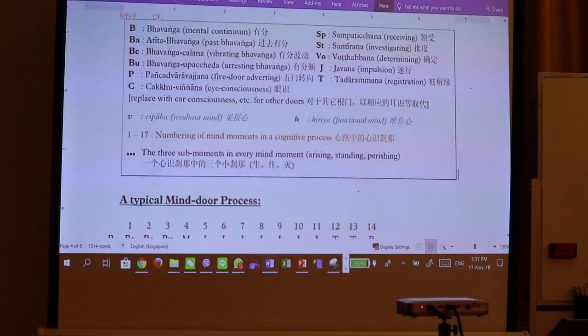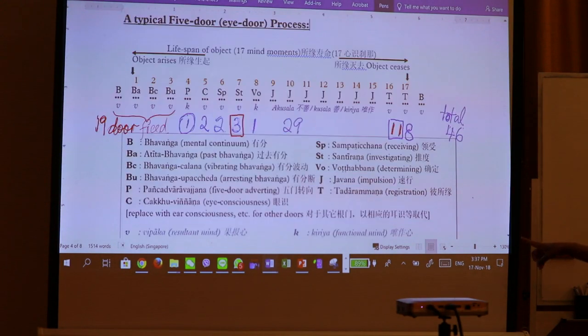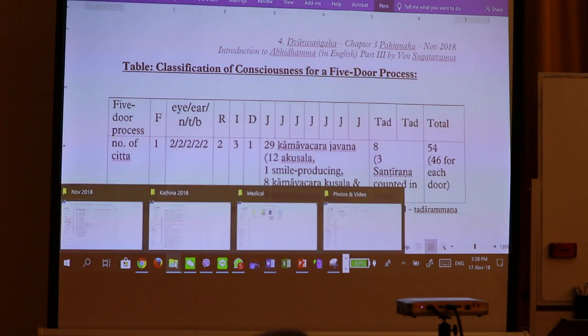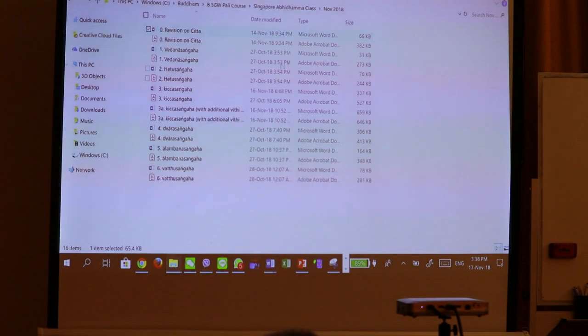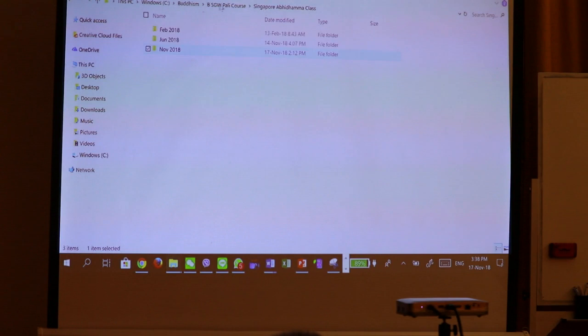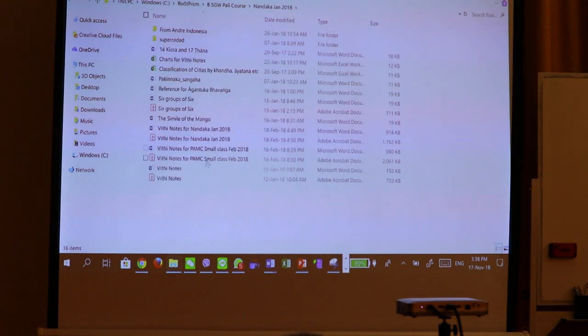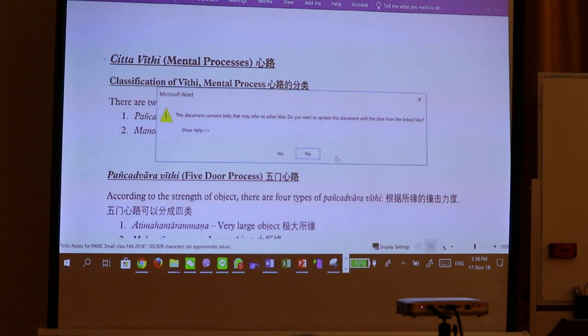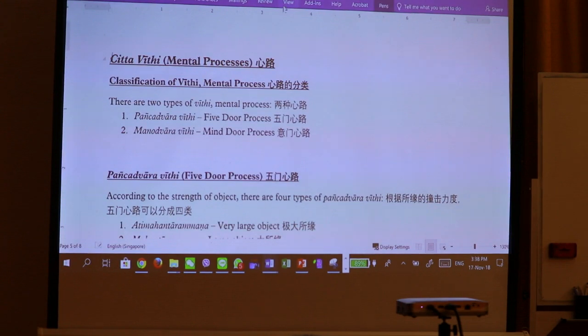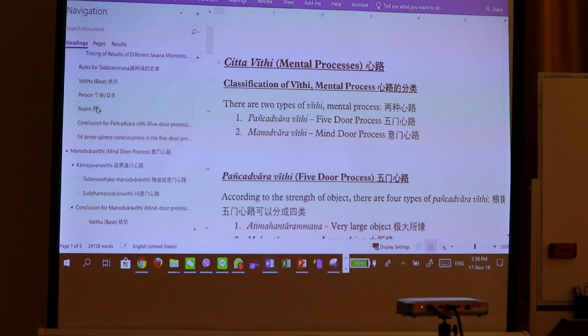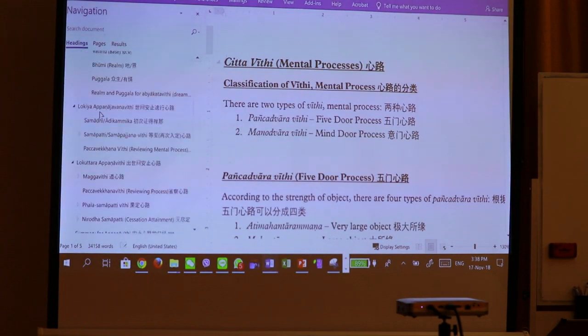Now we are going to the sublime process.